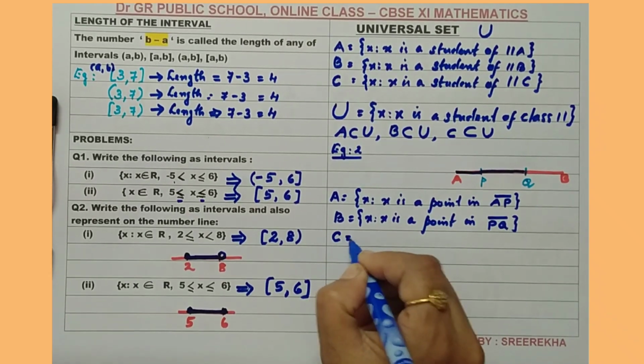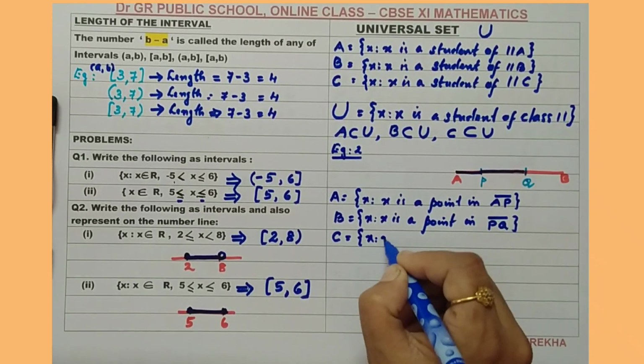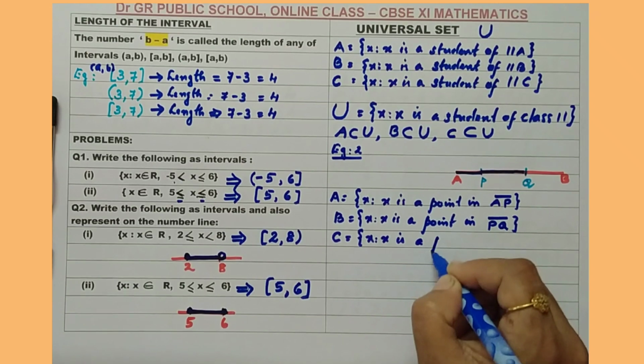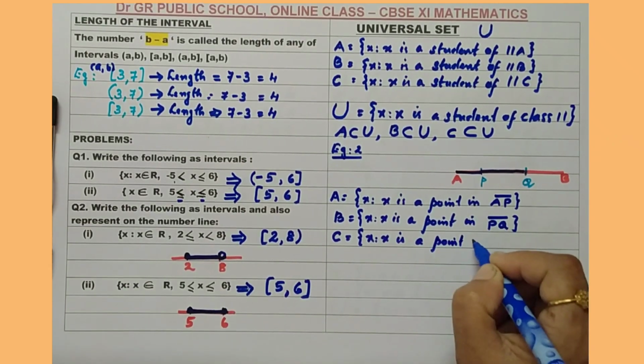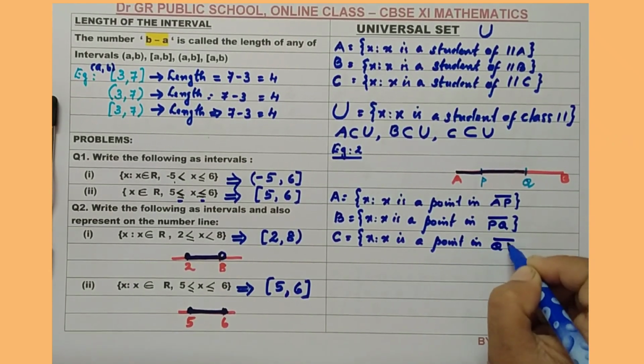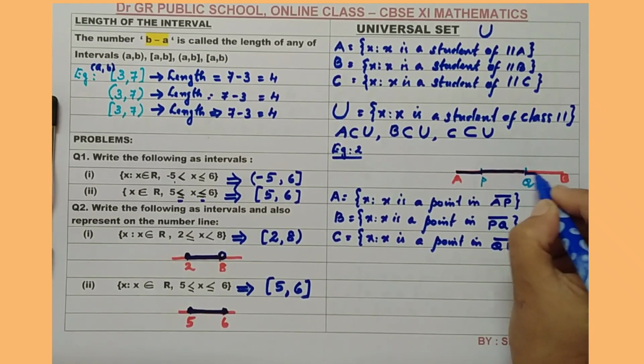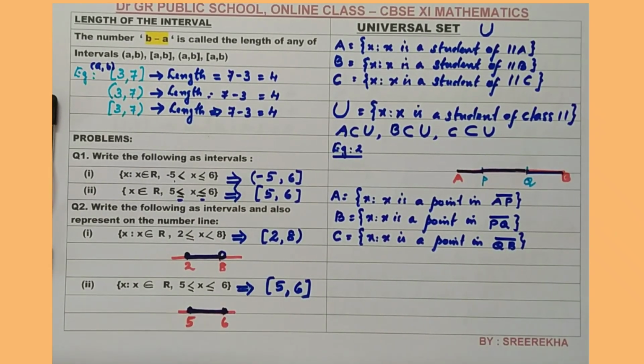And another set C as the set of all x such that x is a point in the line segment QB. This part I am going to consider as the third set. Now, can you say a set which is a superset for all the above sets?